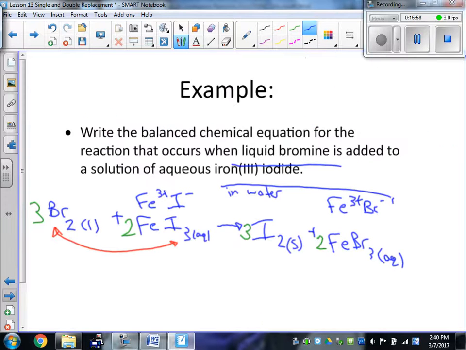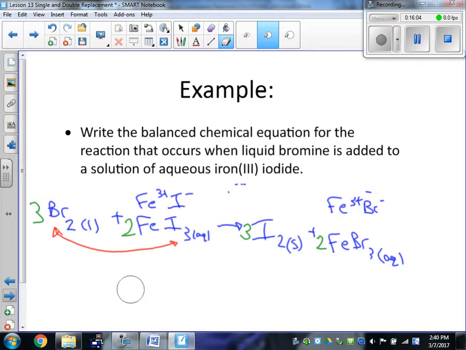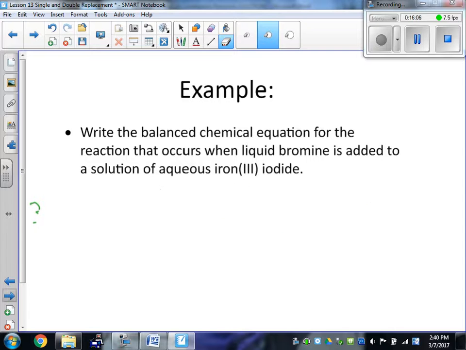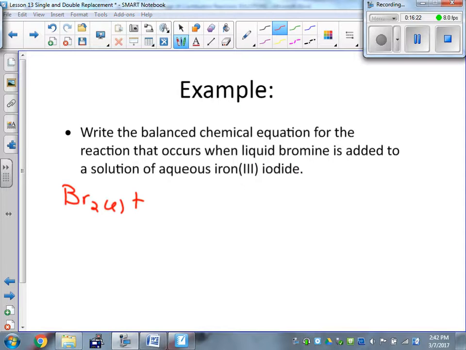All right, let's take a look at another example. Once again, we probably need to write down a few things here. Balanced chemical equation for the reaction between liquid bromine added to a solution of aqueous iron 3 iodide. So go ahead and write that down.